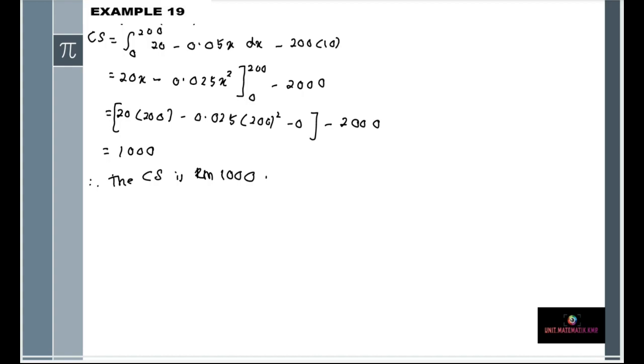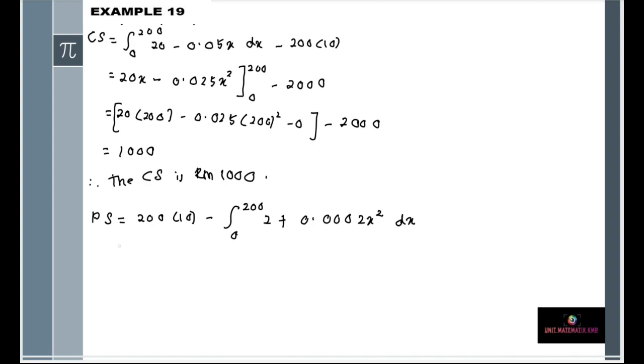Next, we have to find our PS. So PS equals 200 multiplied by 10 minus the integral from 0 to 200 of the supply function, 2 plus 0.0002x squared, dx.